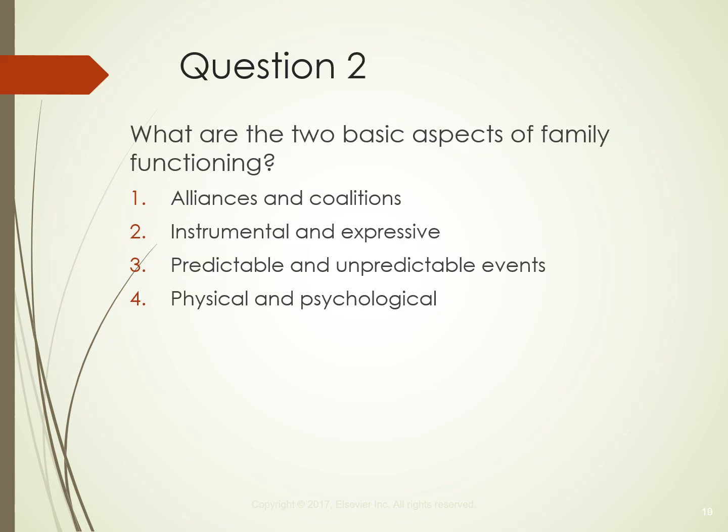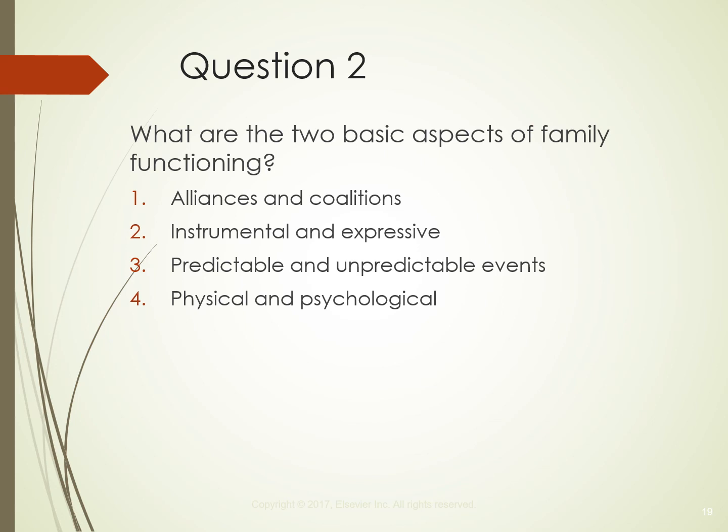Question number 2. What are the 2 basic aspects of family functioning? 1. Alliances and coalitions. 2. Instrumental and expressive. 3. Predictable and unpredictable events. Or 4. Physical and psychological. And the correct answer is number 2.